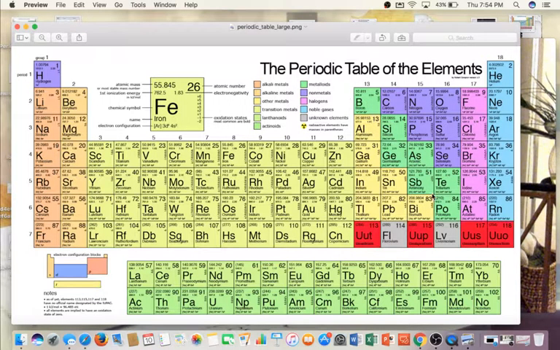Metalloids are the green here. Then your sunset colors of orange, which are your alkali metals. The light orange, your alkaline earth metals. And this funky green color, your transition metals, those are all metals. So please, please know them. All right.